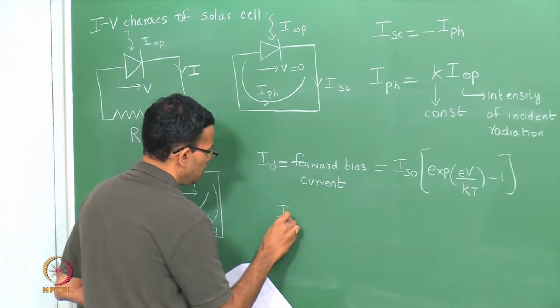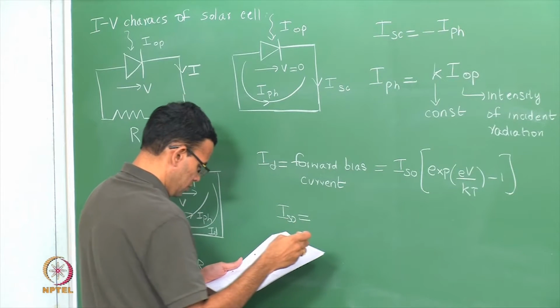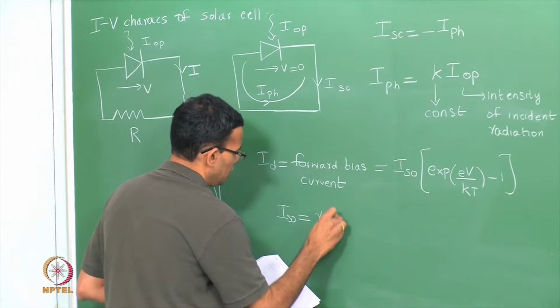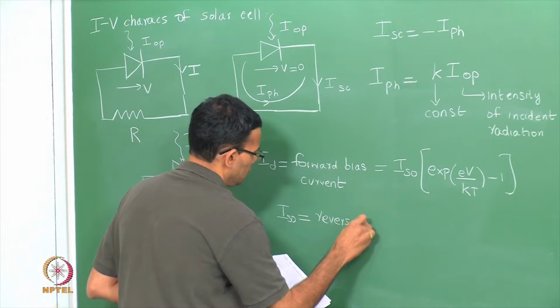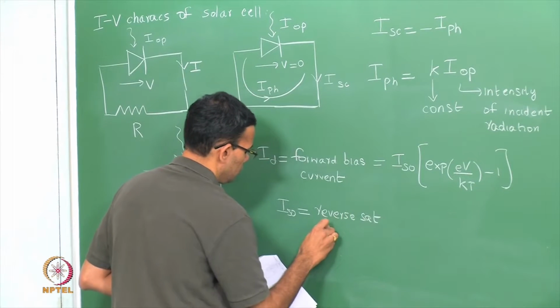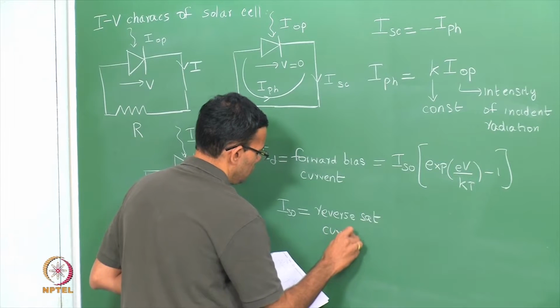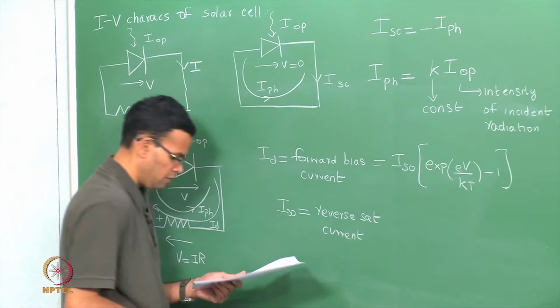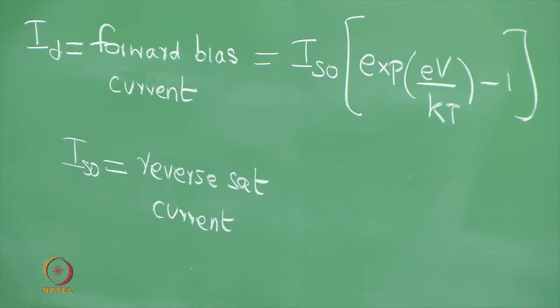So, IS naught is your reverse saturation current, which we have seen earlier in the context of a regular p-n junction.